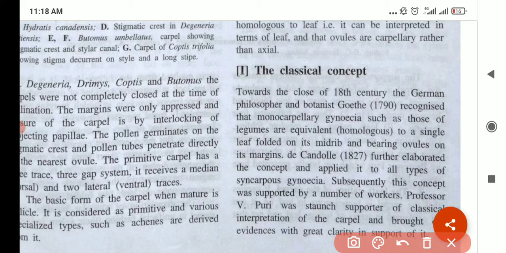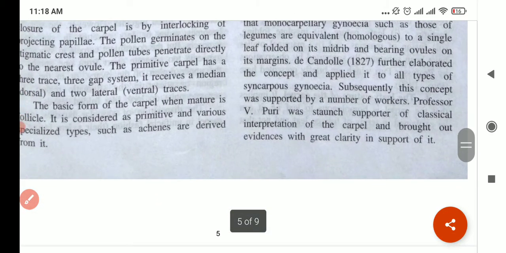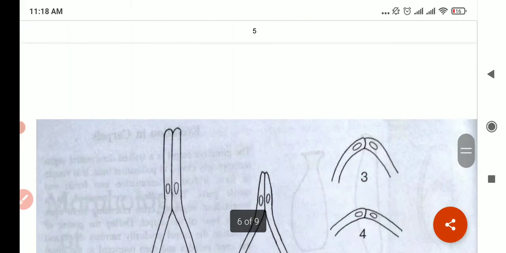Then De Candolle elaborated this concept and applied it to all types of syncarpous gynoecia. This concept was also supported by Professor V. Puri, who is really a supporter of this classical concept.